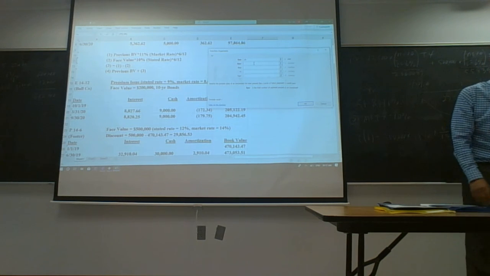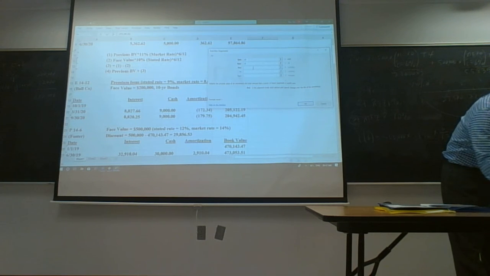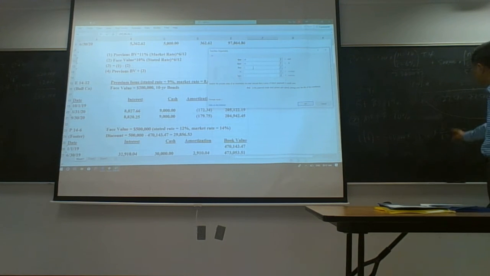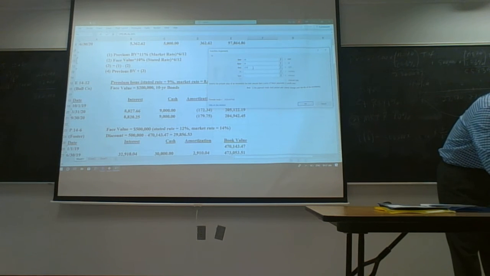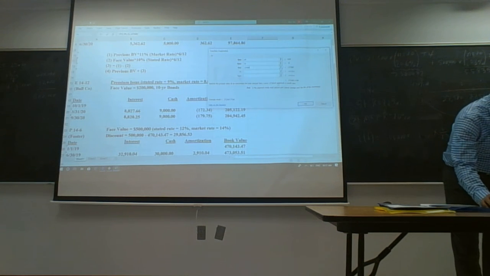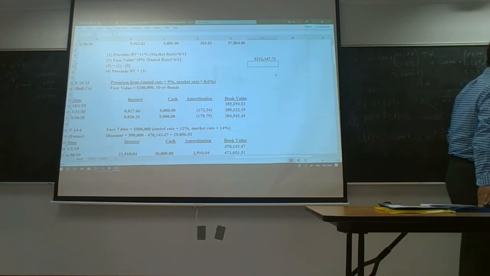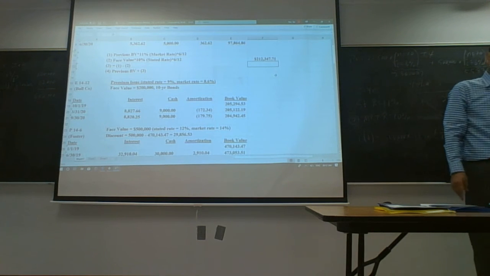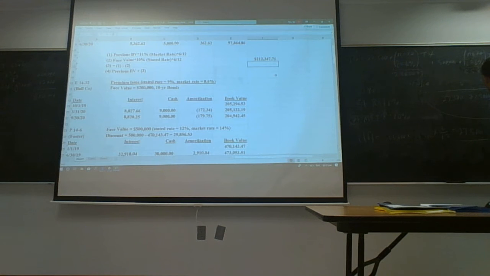The number of payments is the same, and the amount of payment is also the same, 27,500. So the first present value is 212,000 something, and the second present value is the present value of this 500,000.